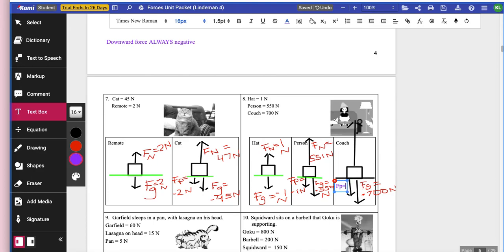FP equals 551 newtons. Oops, negative. I keep doing that.